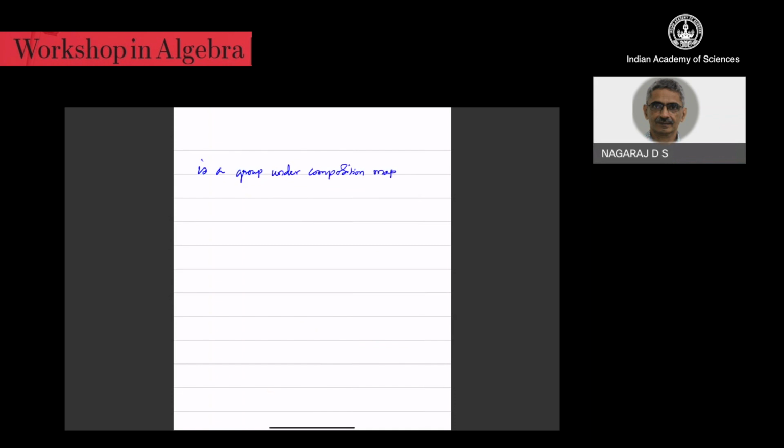A bijection is a map from X to X, so this is composition of maps.